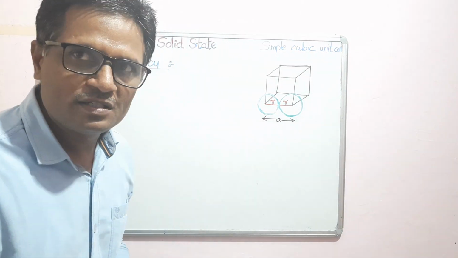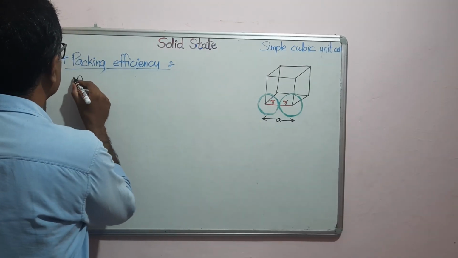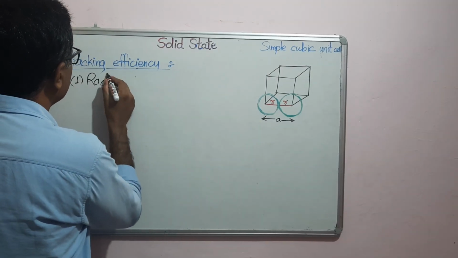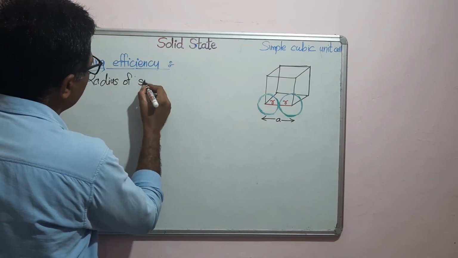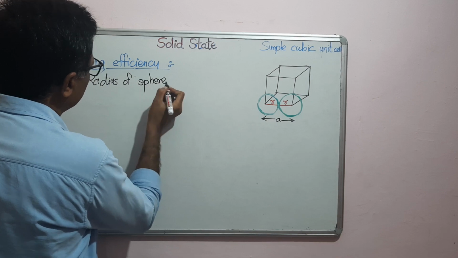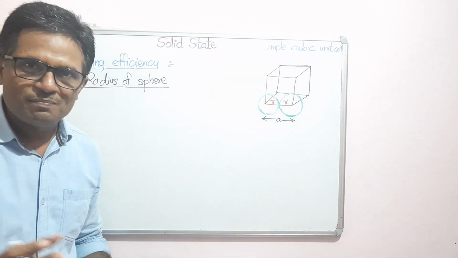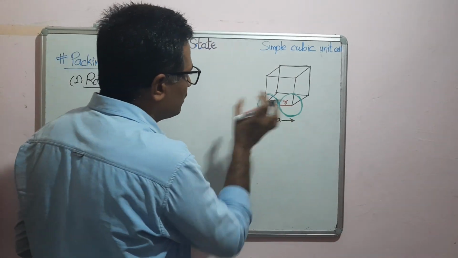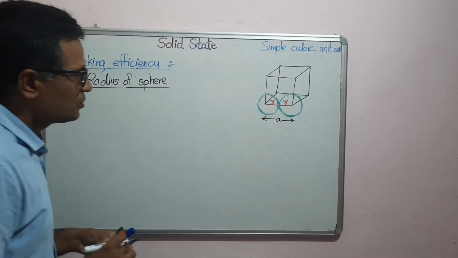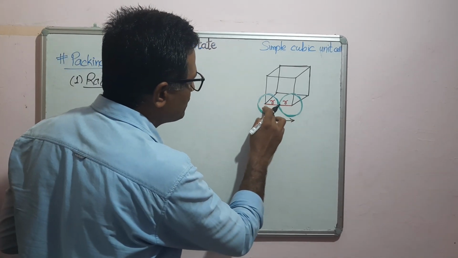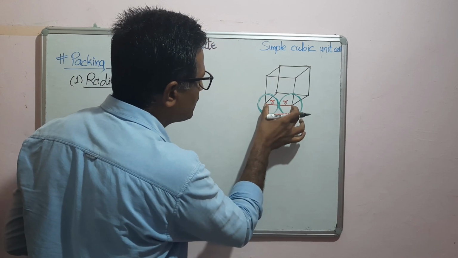So we'll go one by one. There are different steps, so we'll consider different steps. The first step is the radius of the sphere. From this diagram, you will get information about the radius of the sphere. Here the radius of this sphere is R, and the radius of this sphere is R, and the total is the edge length.